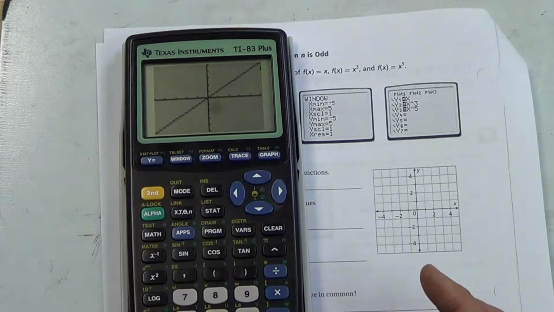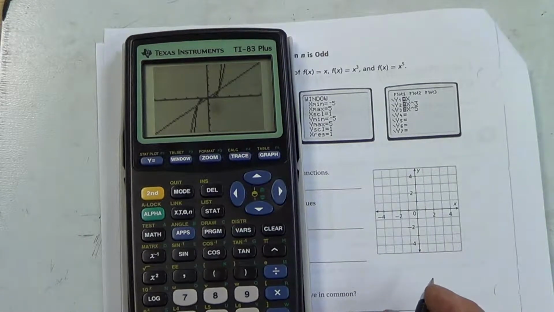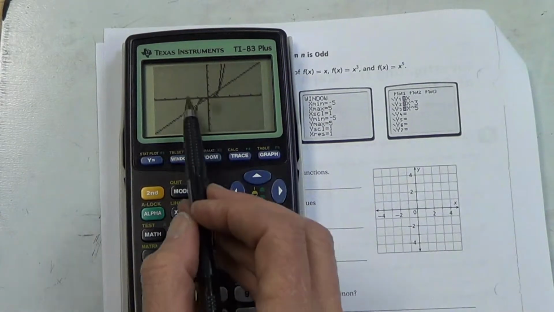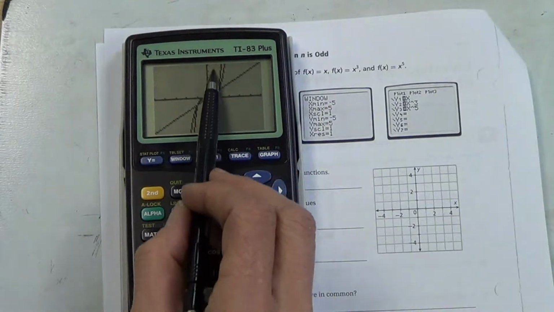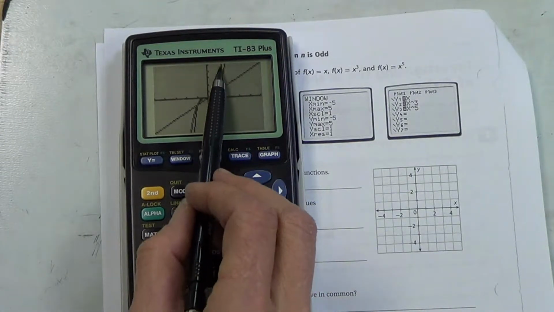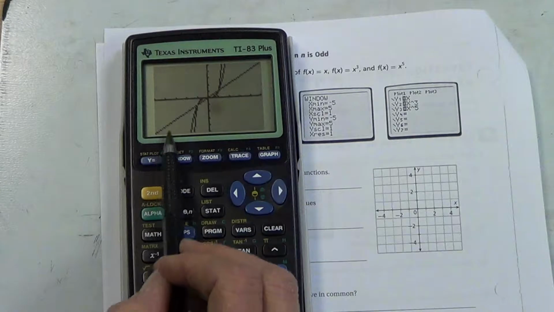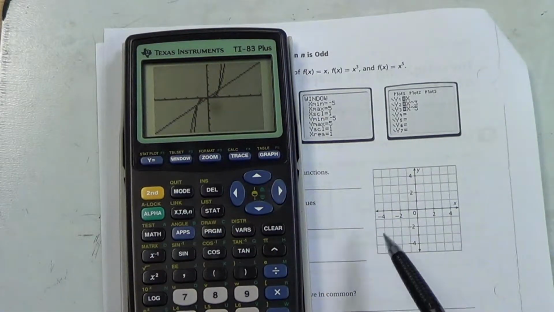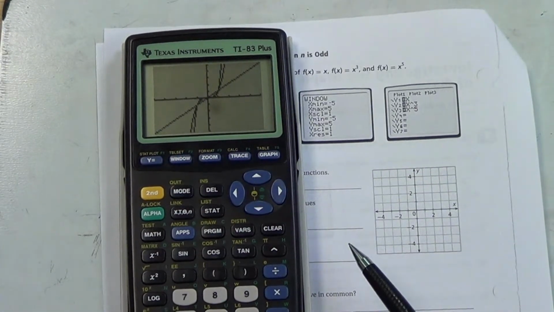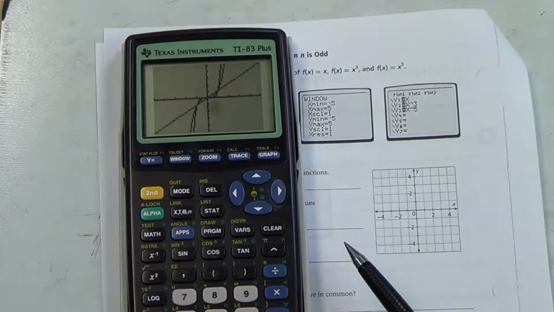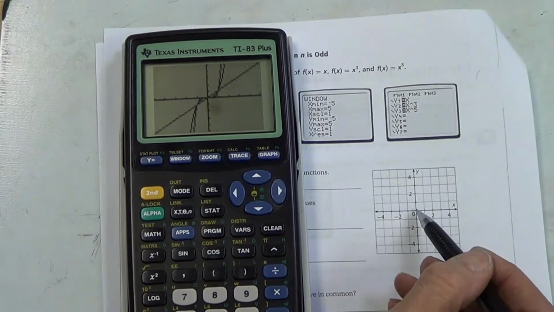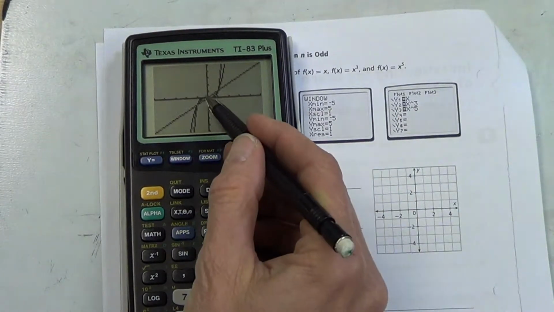So there's the x to the first, there's x to the third, and x to the fifth. Okay, so the x to the fifth comes slightly up a little bit straighter this way. X to the third is the closest one to this diagonal line. Okay, on D it says use your graphs to identify the zeros of the function. They all seem to cross right through the zero, right through there.